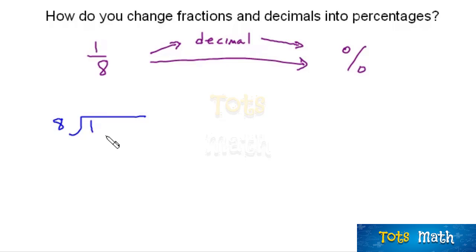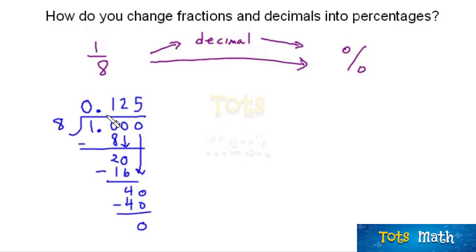Now we know our answer is going to be a decimal. So let's place a decimal point after the 1 and add a few zeros. We can place the decimal point in our answer as well. And we know our answer is not going to have any 1s, so let's place a 0 in the 1's place. So our answer is 0.125.